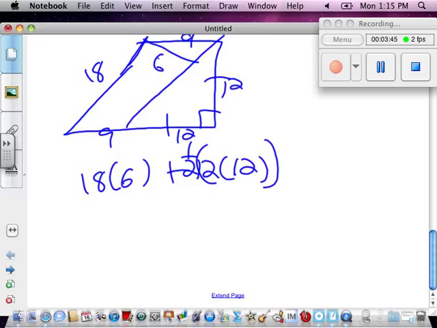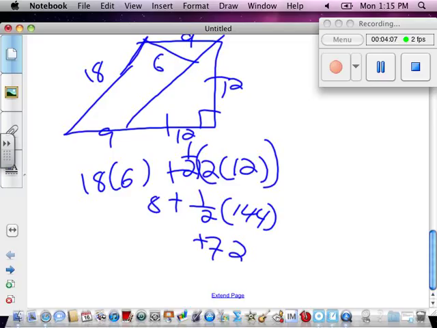So it's 1/2 times 12 times 12. 12 times 12 is what? 144. What's half of 144? 12? No, that's the square root. 72. So 2 goes into 14 7 times. Good job. Okay, 18 times 6: 8 times 6 is 48, carry the 4. 6 times 1 is 6, 7, 8, 9, 10.